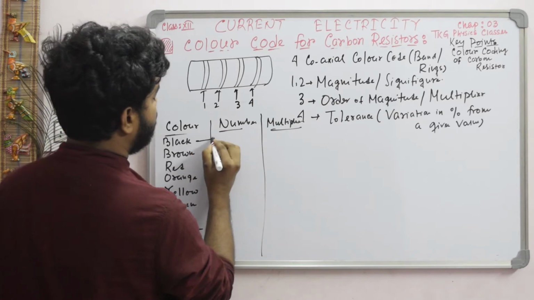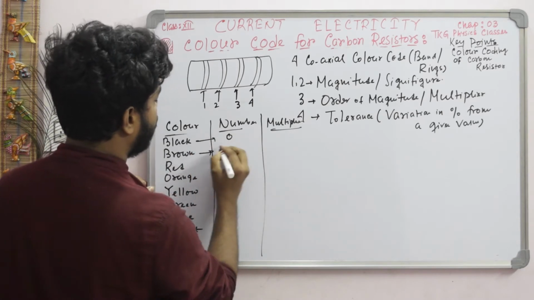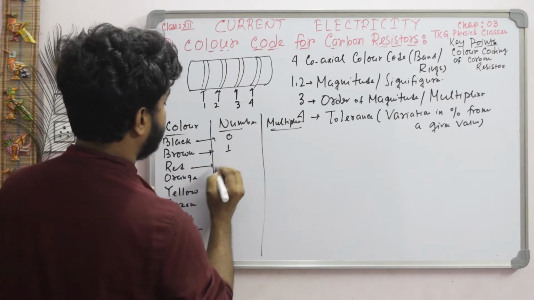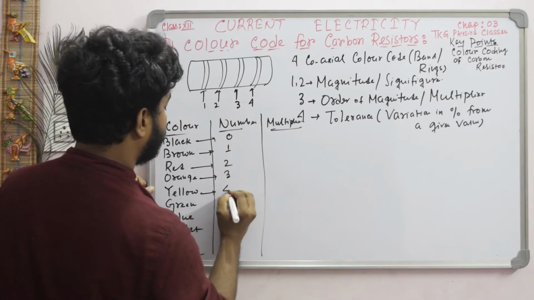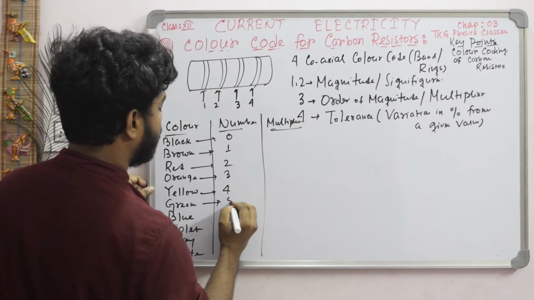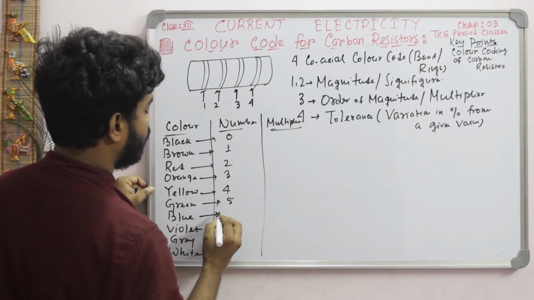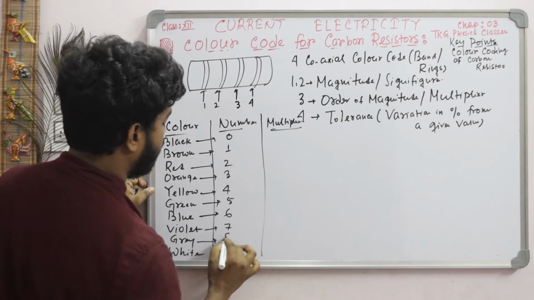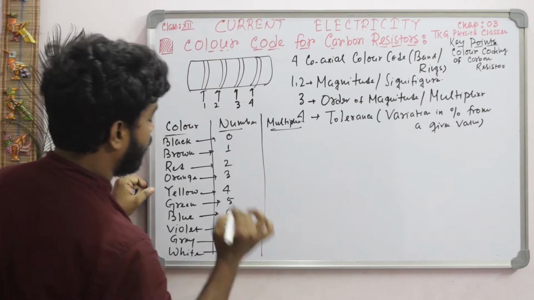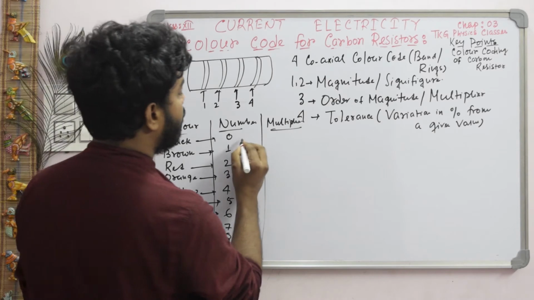Now for black write the number 0, for brown 1, for red 2, for orange 3, for yellow 4, for green write 5, for blue 6, for violet 7, for grey 8, and for white 9. Similarly write the multiplier.